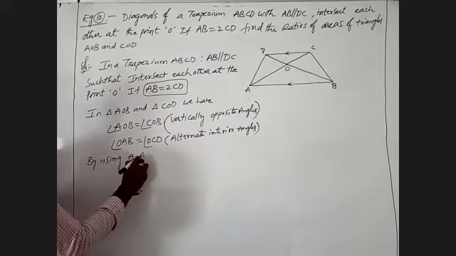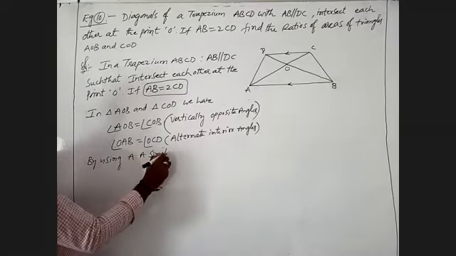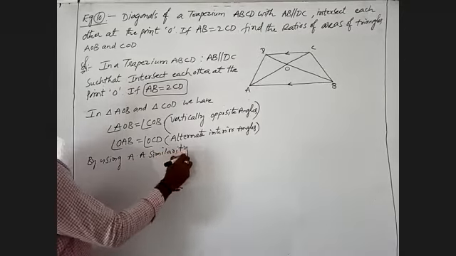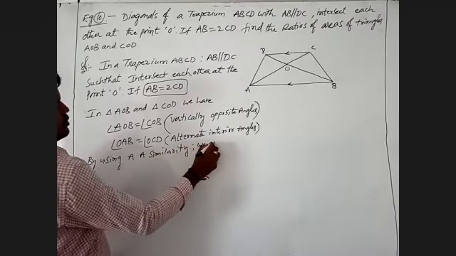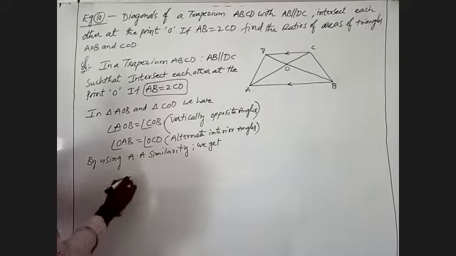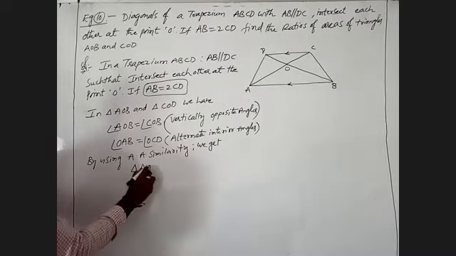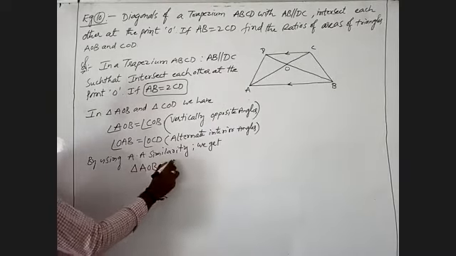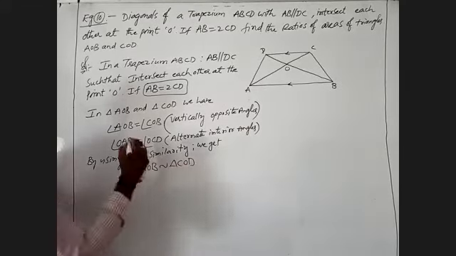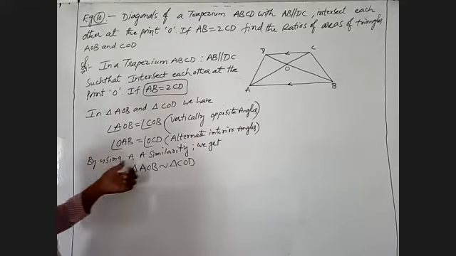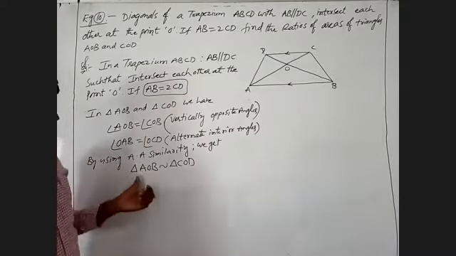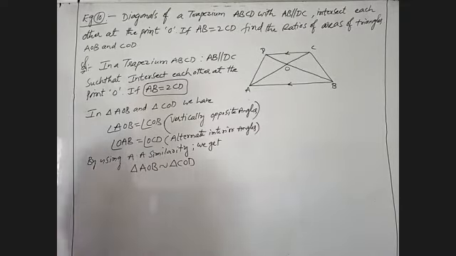By using AA similarity, triangle AOB is similar to triangle COD.